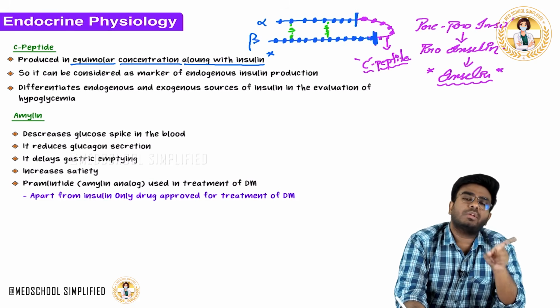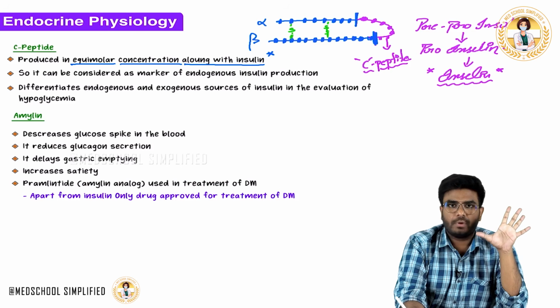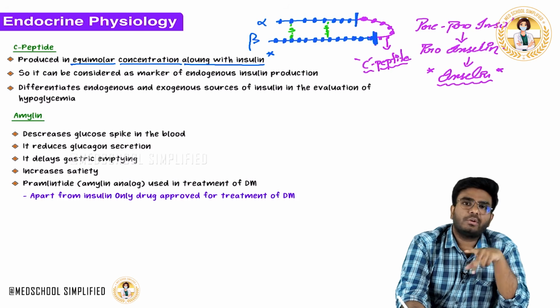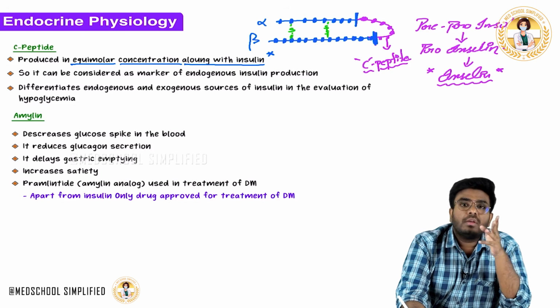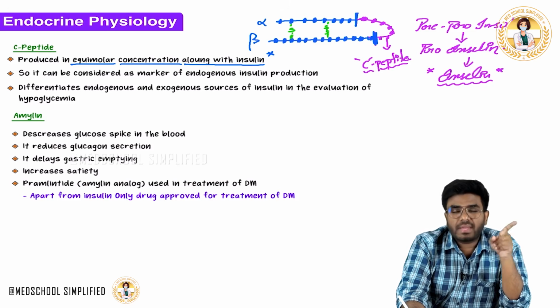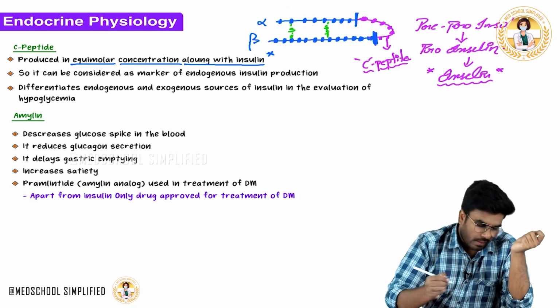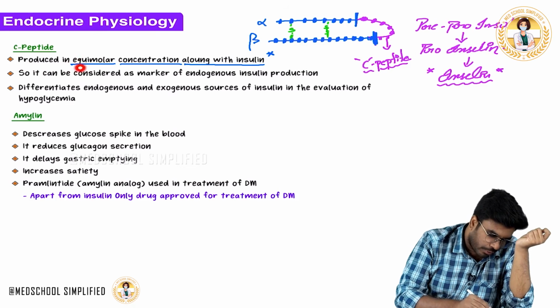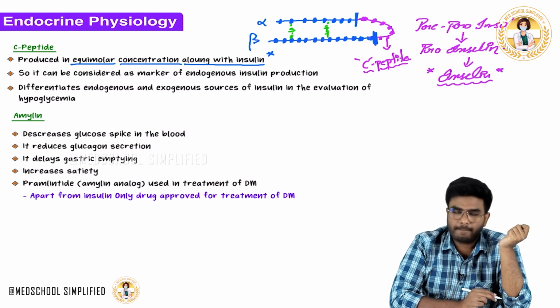For every insulin molecule, one C-peptide molecule is produced. While converting proinsulin into insulin, you form one insulin molecule as well as one C-peptide molecule. That's why we say the C-peptide is produced in equimolar concentration along with the insulin.